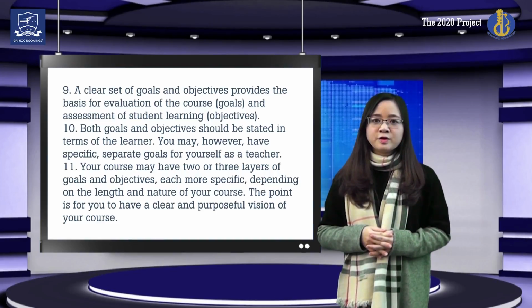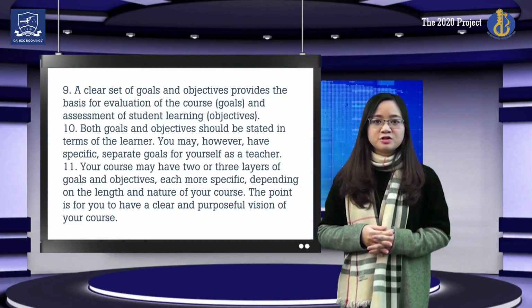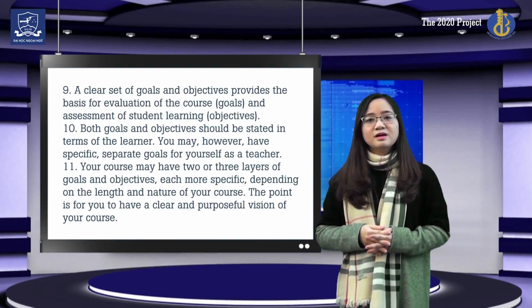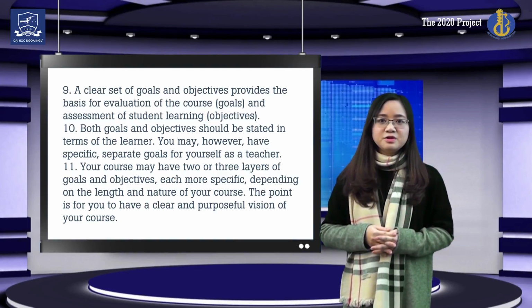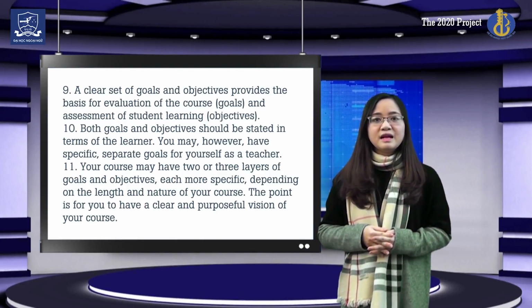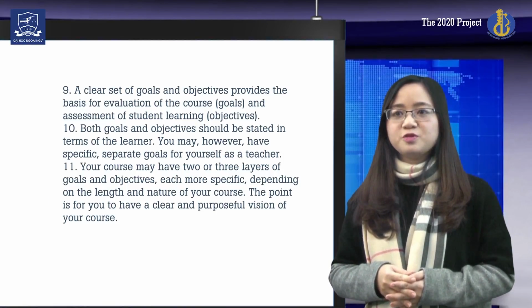You may, however, have specific separate goals for yourself as a teacher. And just moving to the last one, your course may have 2 or 3 layers of goals and objectives, each more specific depending on the length and nature of your course. The point is for you to have a clear and purposeful vision of your course.